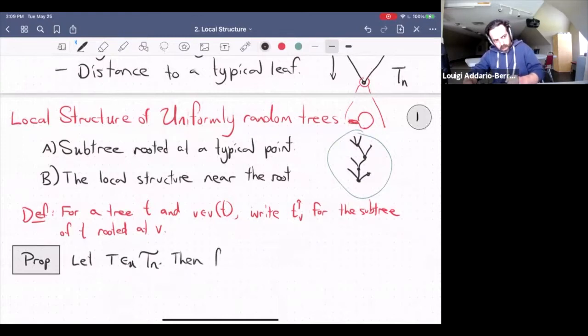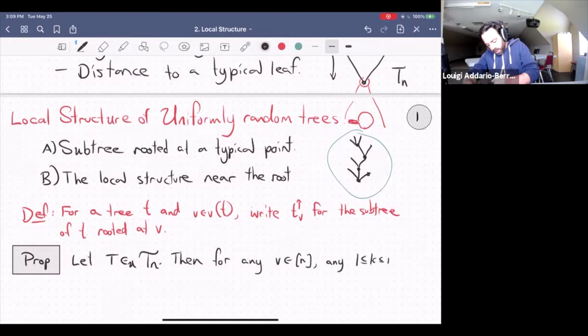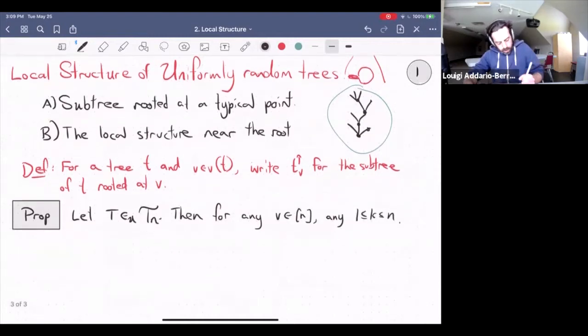Then for any node v of that tree and any integer k from 1 to n, the probability that the subtree rooted at v has size k is given by the following expression.